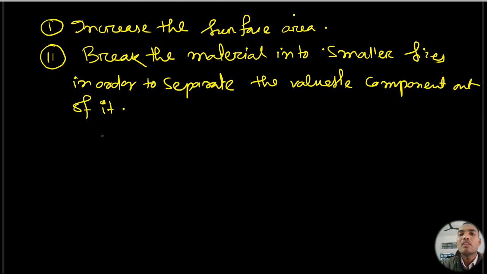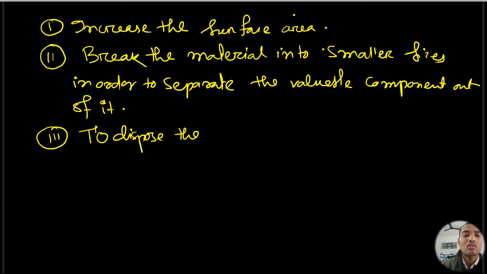Let's take an example, some ores that contain important materials inside them. Unless we crush them, we cannot separate the valuable things out of these ores. Next, one of the important things is to dispose of solid waste easily. There are a lot of solid wastes being produced, but if we crush them into smaller size, they can be disposed of very easily.